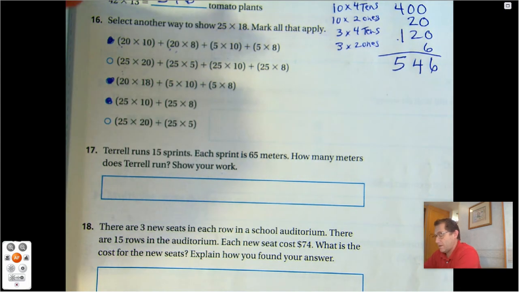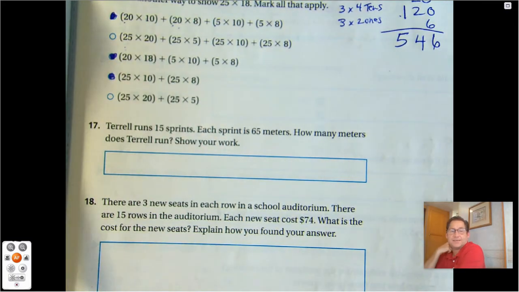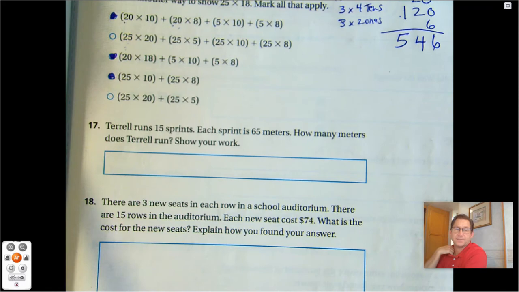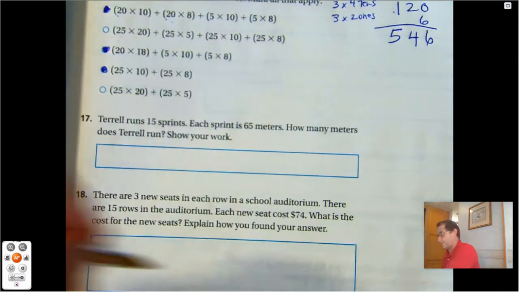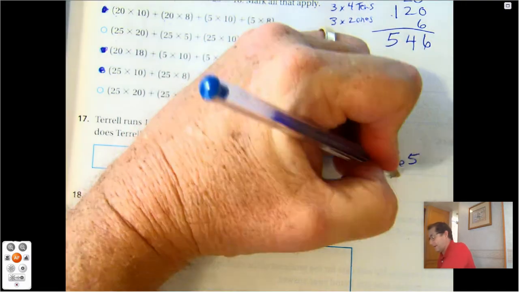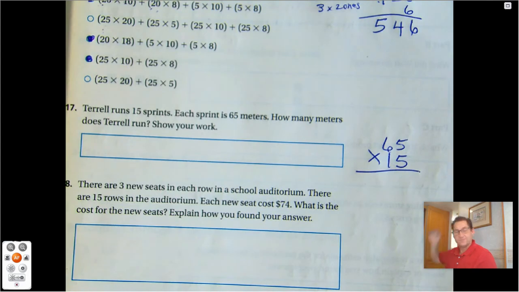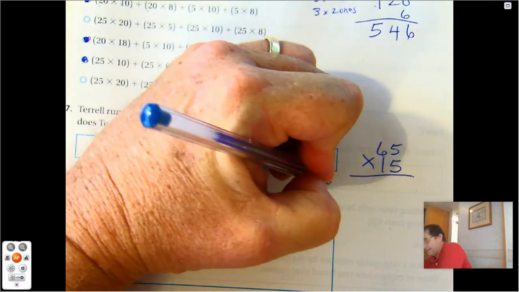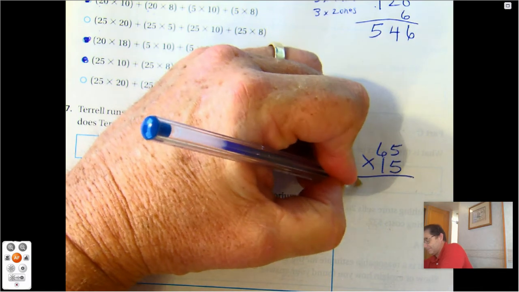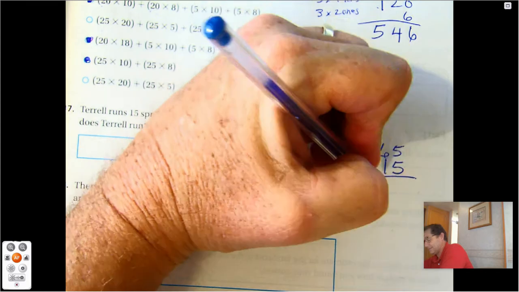Terrell runs 15 sprints. Each sprint is 65 meters. How many meters does Terrell run? Show your work. 65 meters every sprint. So he has 65 times 15, which is the same as saying 10 times 6 tens. 10 times 6 tens is 60 tens, or 600.